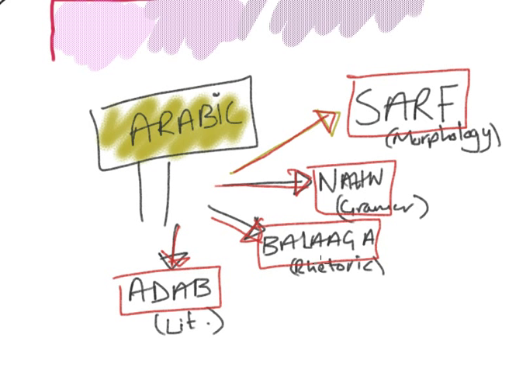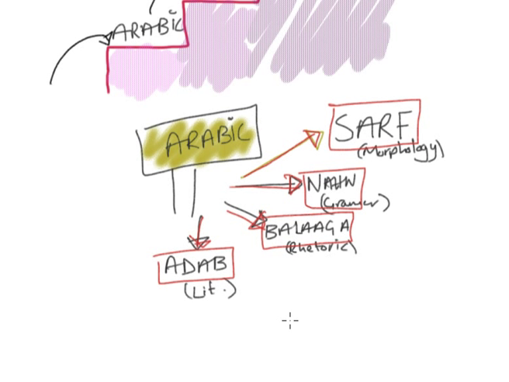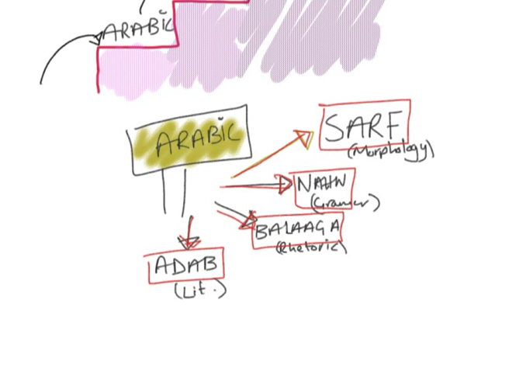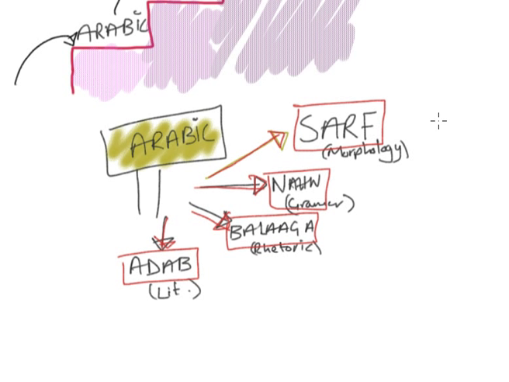Now let me just zoom out of this a bit to show you how all of these work. Let's say we have sarf. What is sarf about? Let's say you have the word "write" in the English language.